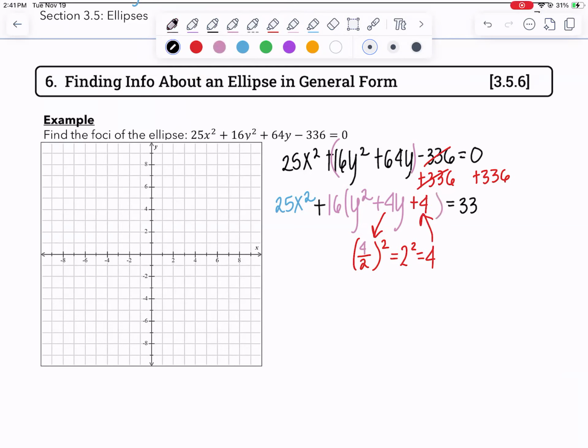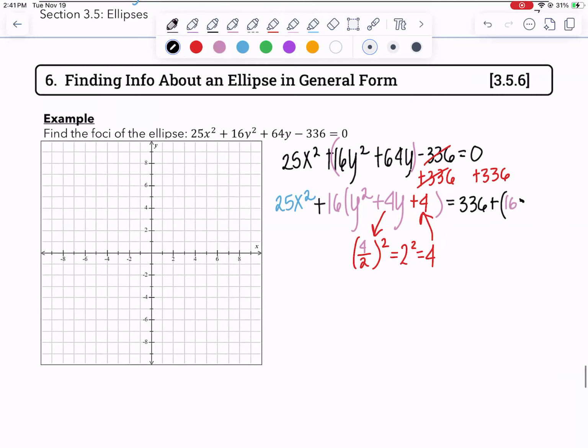On the other side, I have 336, and the only number I've added over here is this 4 on the inside, but it's also being multiplied by 16. So plus 16 times 4, which, by the way, comes out to be 400.